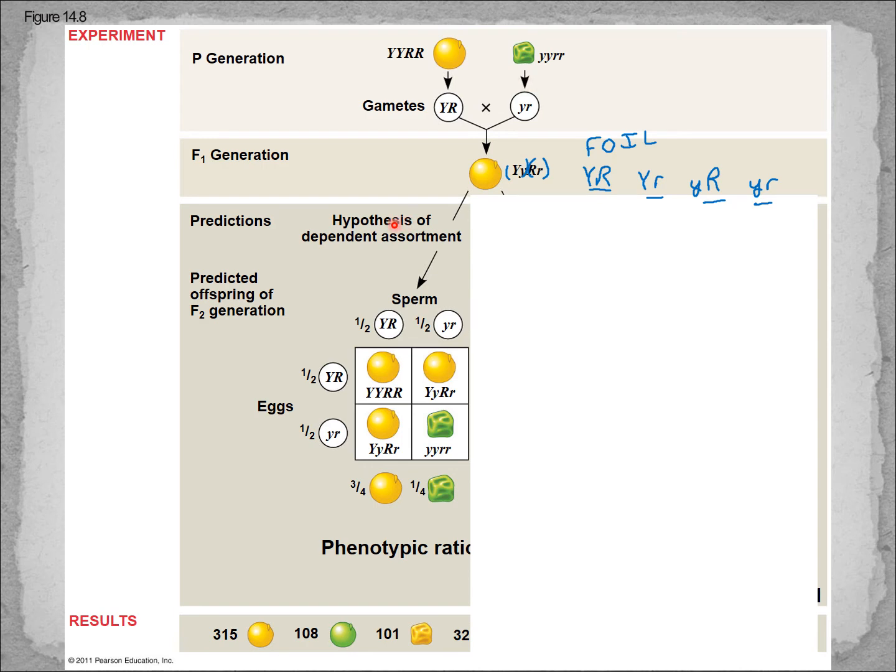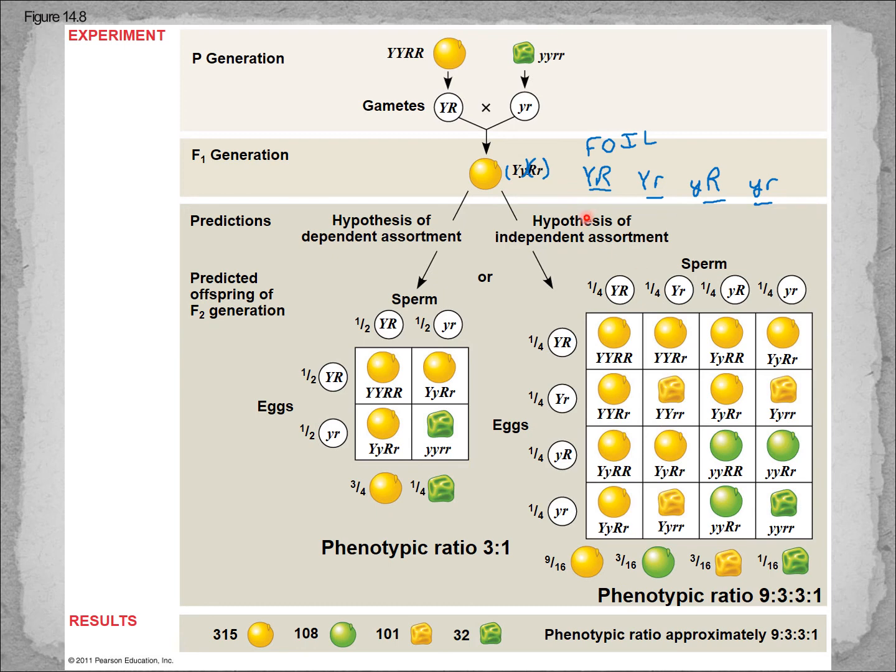If these genes did not segregate independently, meaning they were not independently assorted during meiosis, then this would be the result, and some of these would be transmitted from one generation to the next together. And if they did independently assort from one another during meiosis, meaning that they were not linked genes, then you would get this result right here.